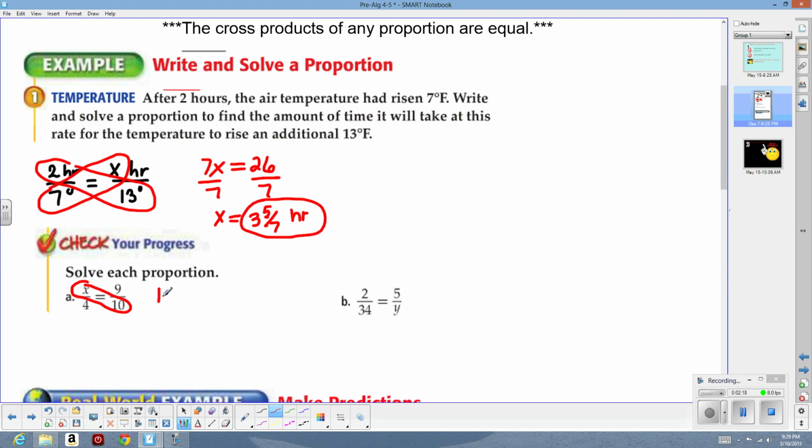X times 10 is 10x, and 9 times 4 is 36, so 10x equals 36. Now divide both sides by 10. X equals 3.6.